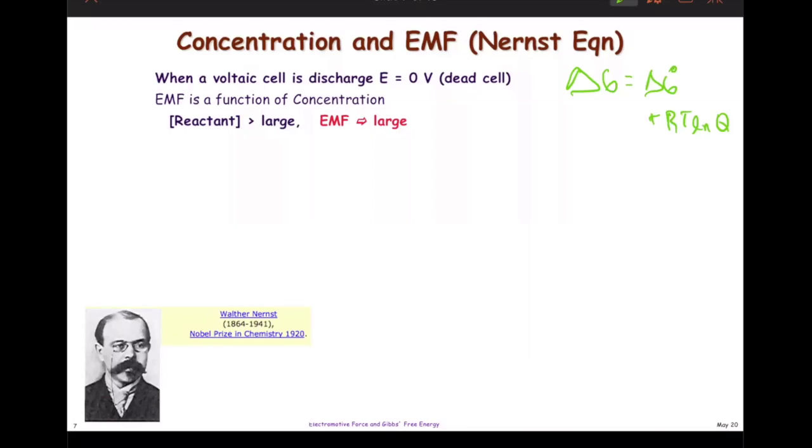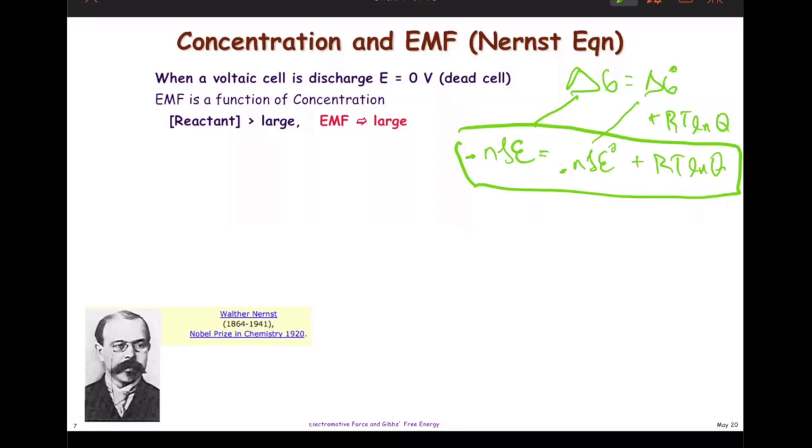We can do the same thing in terms of EMF. We can put NFE here, and there's a negative in front of these. And we can put RT natural log Q here. And that is basically the derivation of the Nernst equation, but we're going to clean it up a little. We're going to divide everything here by minus NF.